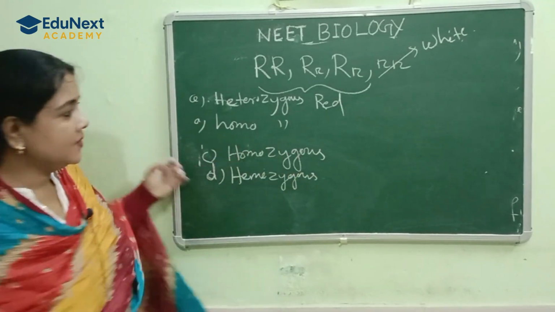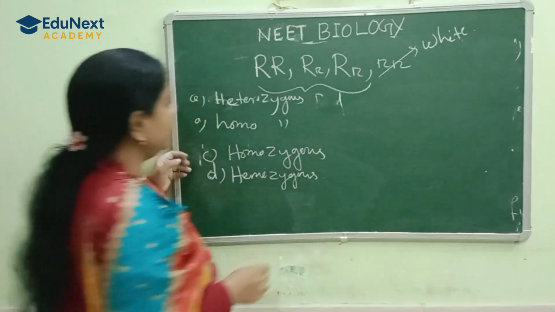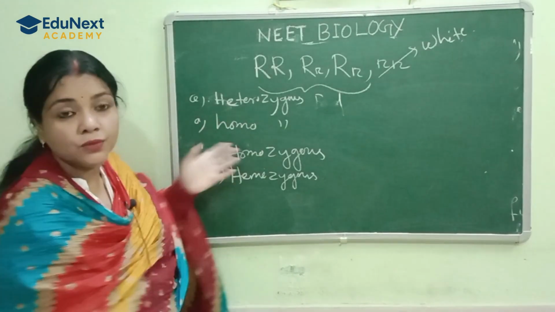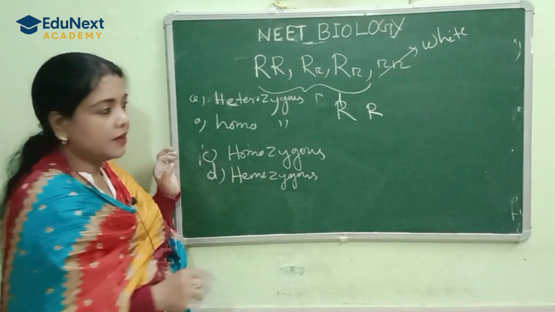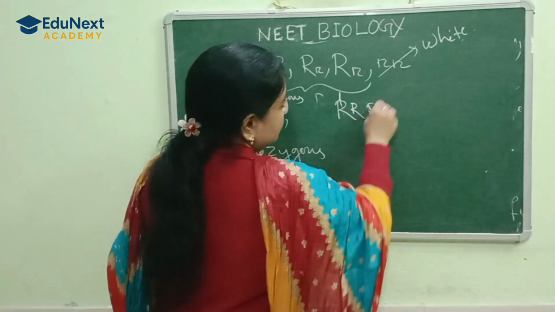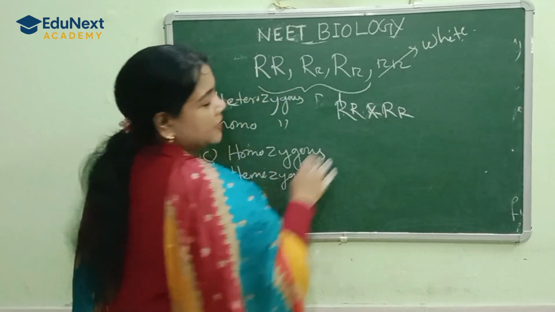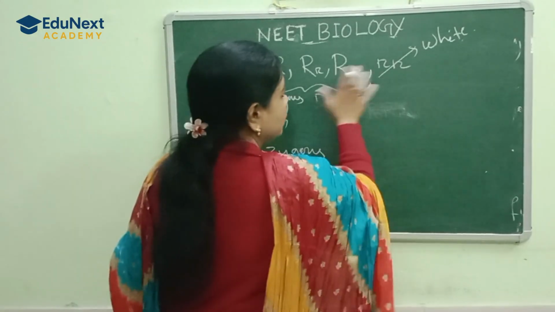Right? For example, if I consider homozygous, meaning the plants are all the same, RR will cross with RR. Same type of plants are crossing. So what will be the output?